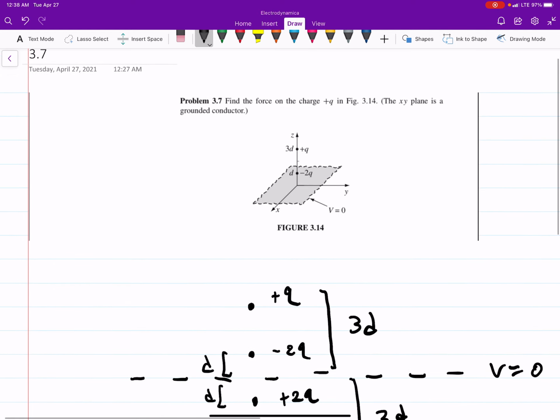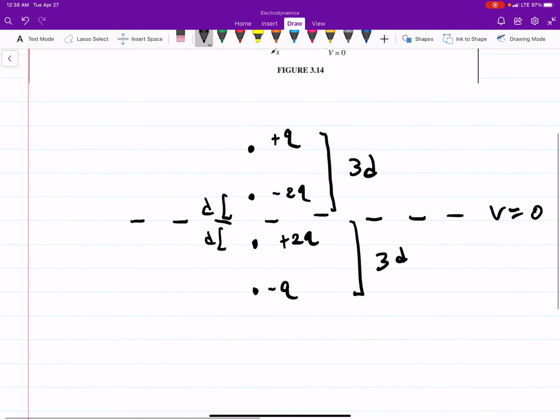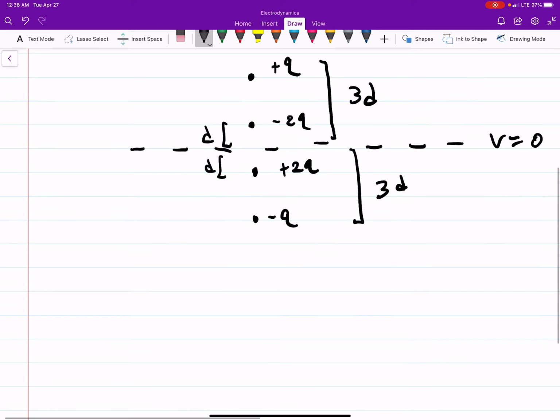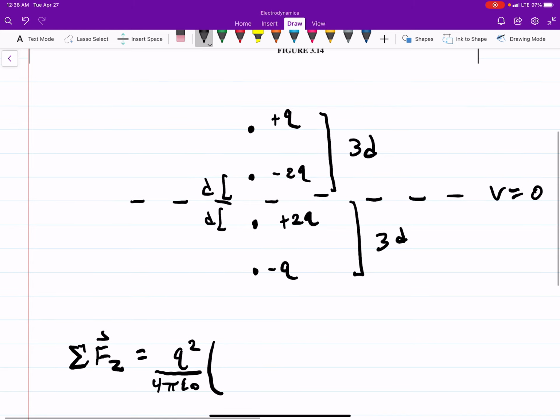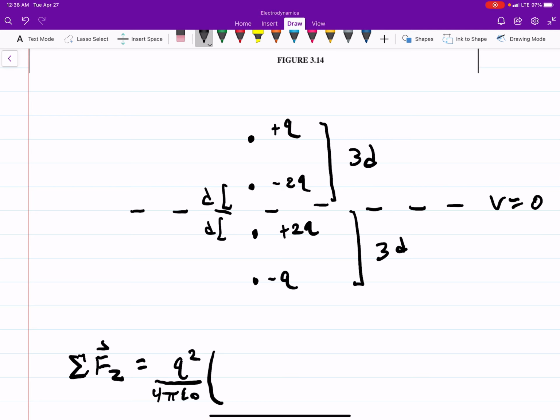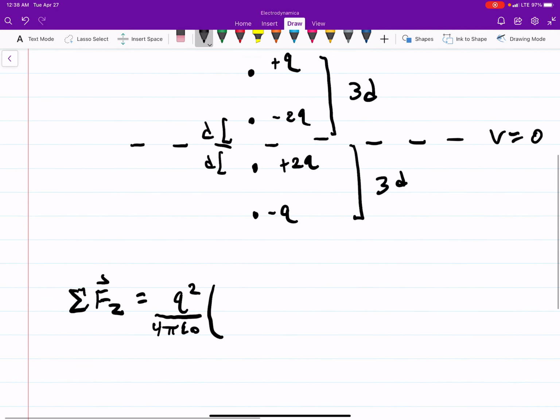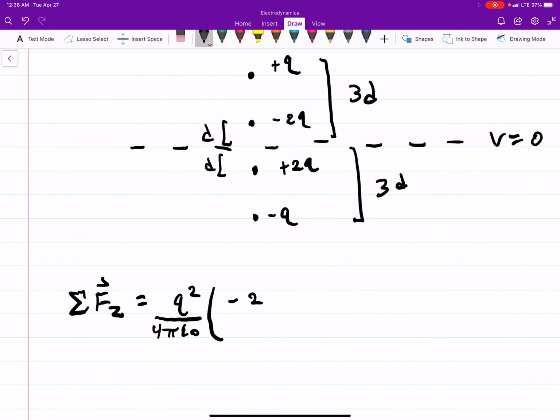So we want to find the net force on that top charge there. Well, the sum of all forces, that's going to be from the Coulomb force. They're all going to have a factor of Q squared over 4 pi epsilon naught. If we look at the top one first, that has a minus 2Q charge, so I'll put a minus 2.